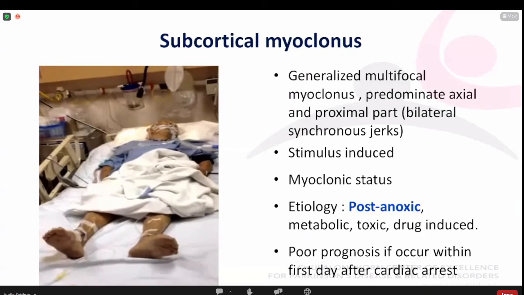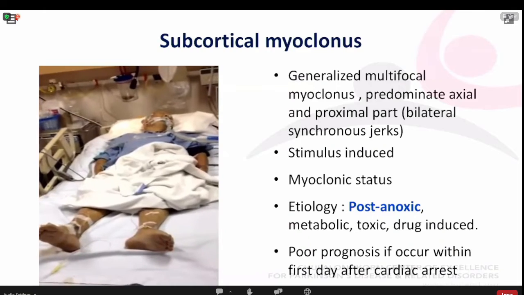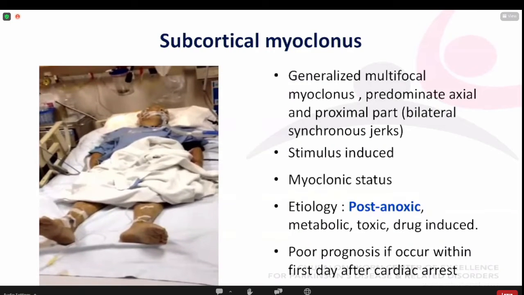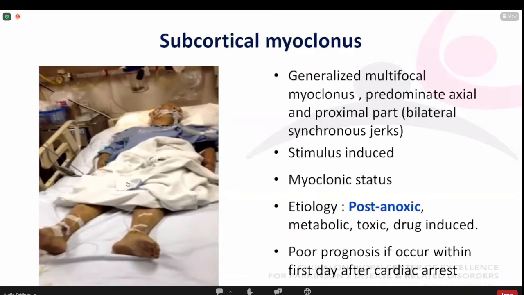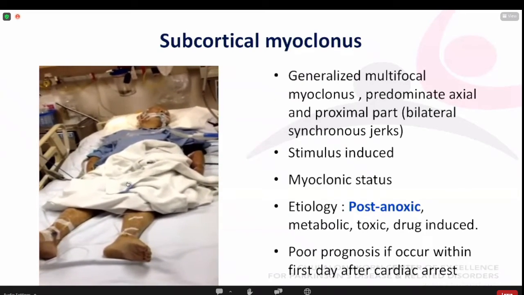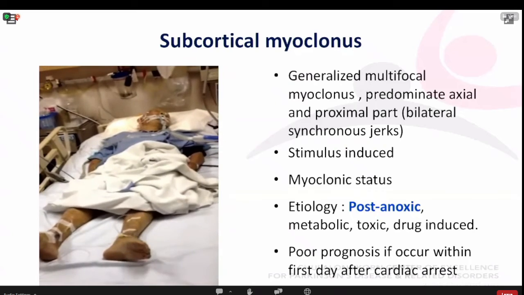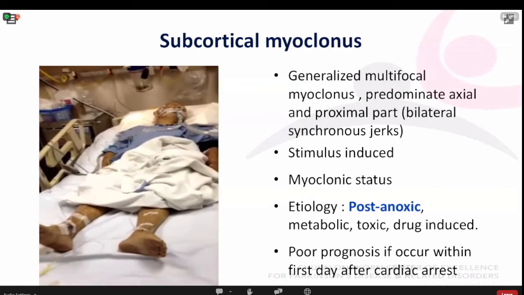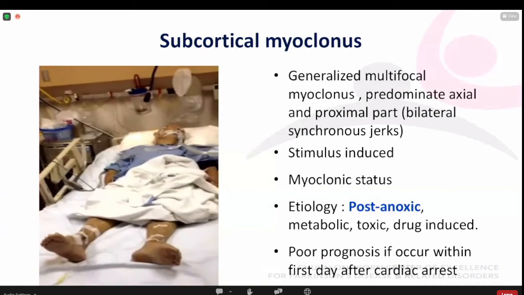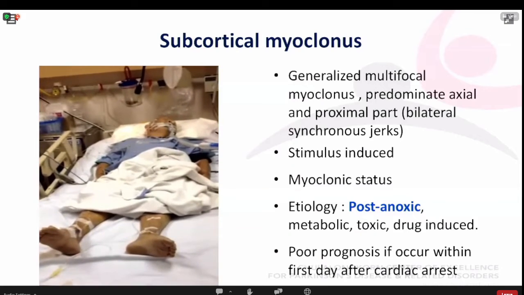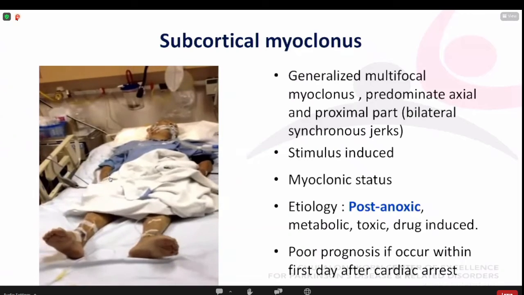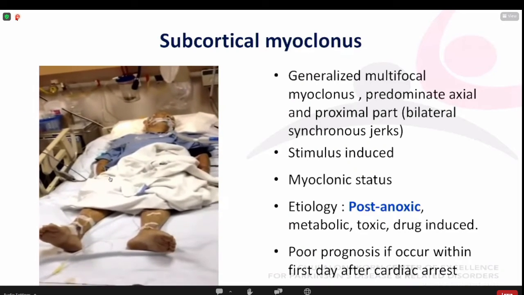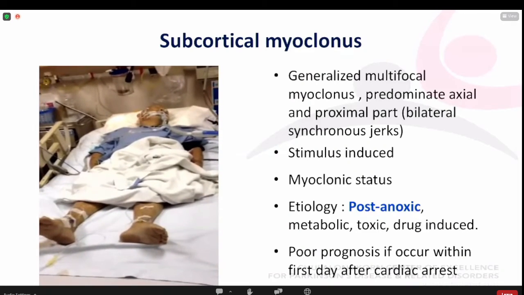After that, this patient develops jerky movements like this. It's usually generalized multifocal myoclonus, maybe predominantly axial and sometimes the proximal part of the arm and leg. And this is post-hypoxic myoclonus, which carries a poor prognosis in a patient with cardiac arrest.